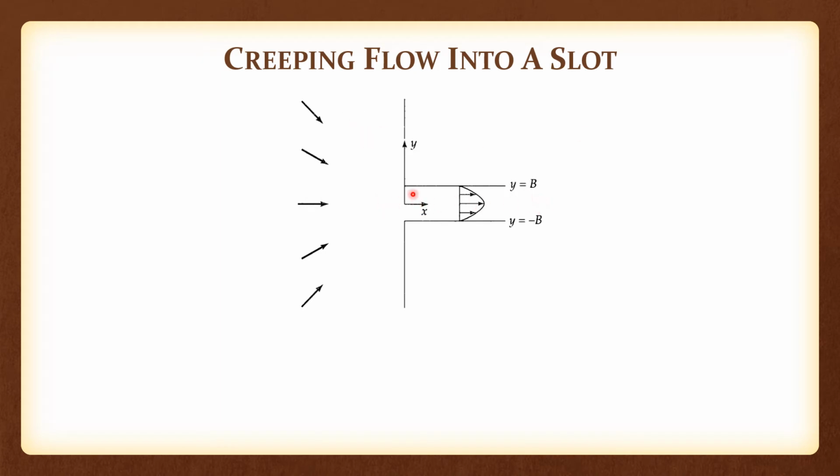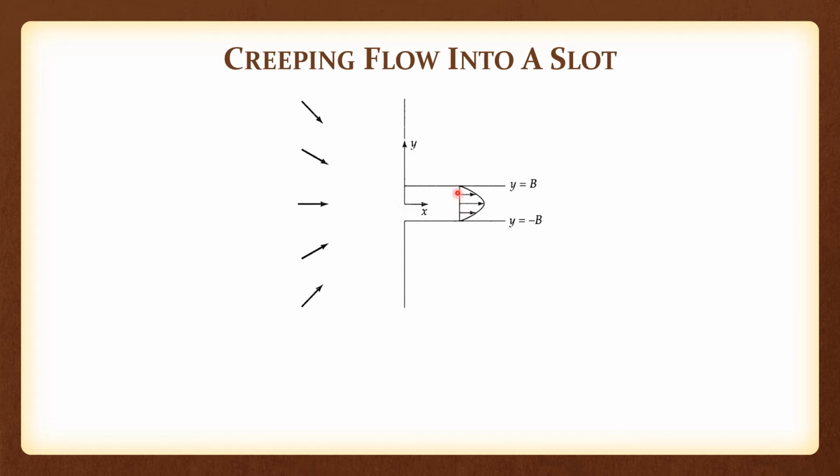There is a slot that starts at x equal to 0 with a thickness of 2b going in, and the fluid has to come in from a semi-infinite region, enter into the slot, and now flow through the slot, because this side and this side is all solid body, and therefore the fluid cannot flow past these walls that are present here. So this is x equal to 0, y equal to 0, that is the origin point.